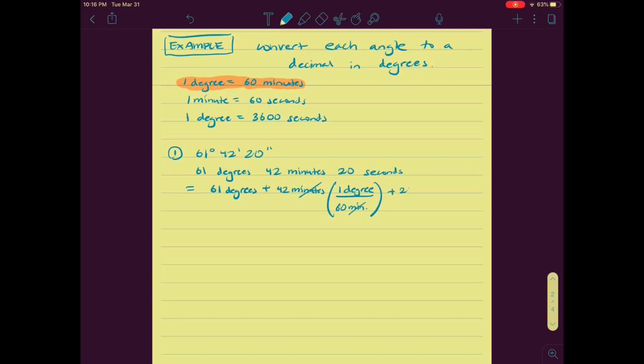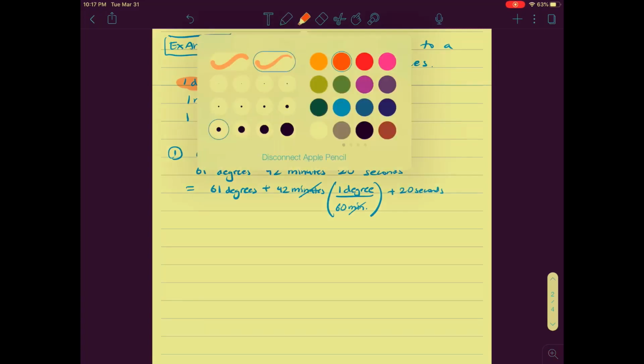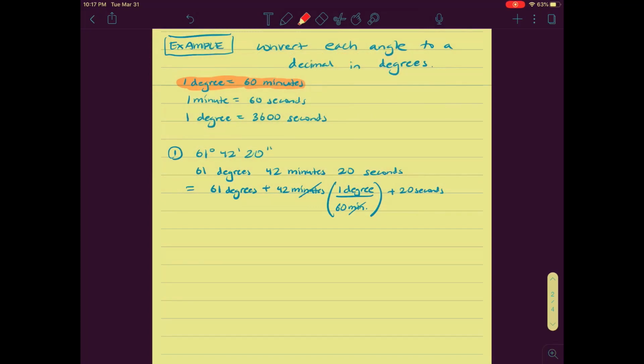And then from there, you also want to take the 20 seconds. This time, we're going to use this ratio because I want to go from seconds to degrees. So we're going to multiply it by another ratio, and because I have seconds, I want to multiply it by something that has seconds on the bottom, which means I'm left with 1 degree on top. Just like before, the seconds will cancel out.